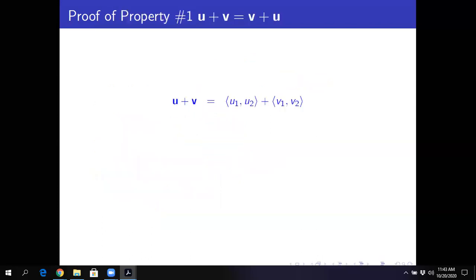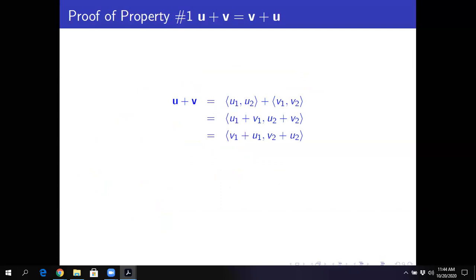Nonetheless, let's look at property number 1, the so-called commutative law. Why is it true? If we represent them by u1, u2, and v1, v2, and I add those together, then I would need to add u1 to v1 and u2 to v2, and those become my new x and y displacements. But those are just numbers, and I can flip those around, can't I?